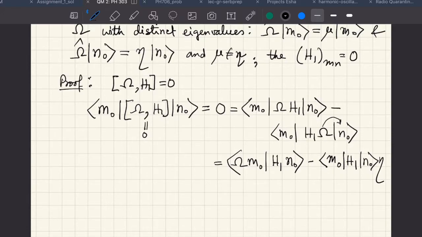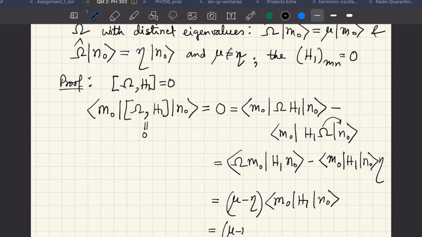So this gives us mu minus eta times m0 H1 n0. And of course this is nothing but mu minus eta times H1 mn.